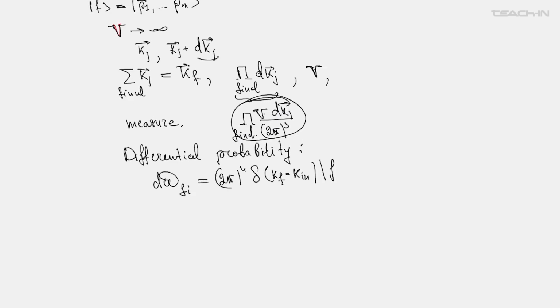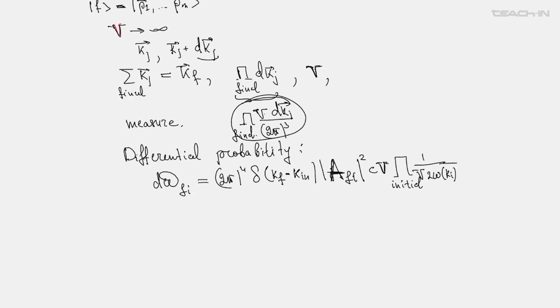Then there is a factor of V, left from the second delta function. Then there is a product over all initial states, and then a product over all final states.